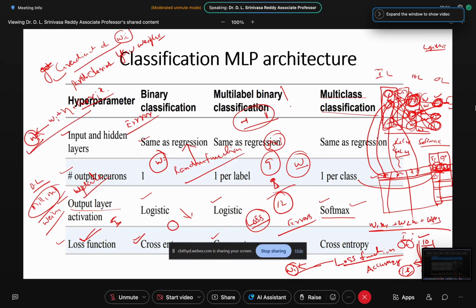Suppose you make a loss function, where these are the time steps and these are the error values. Suppose the error function looks like this. Here it is decreasing, but suddenly it increases. What does it mean? While the error was decreasing, suddenly at this point it took an increment.